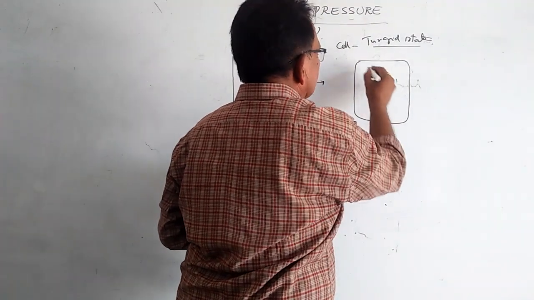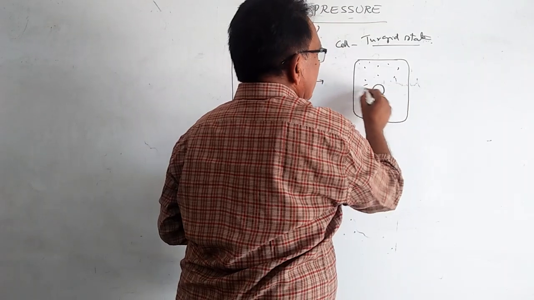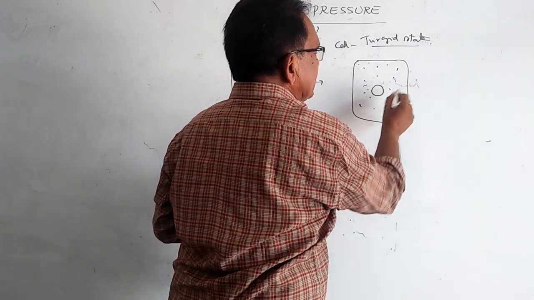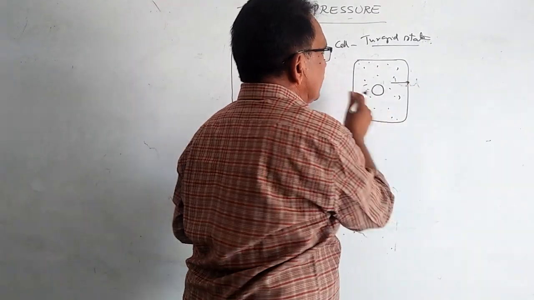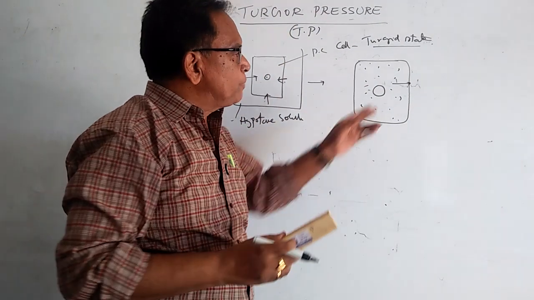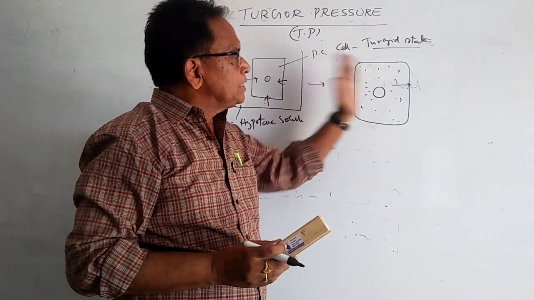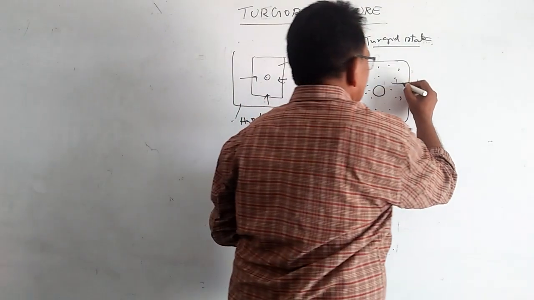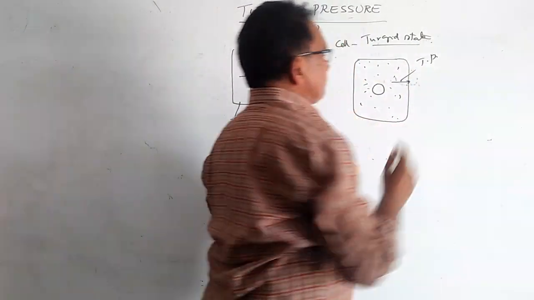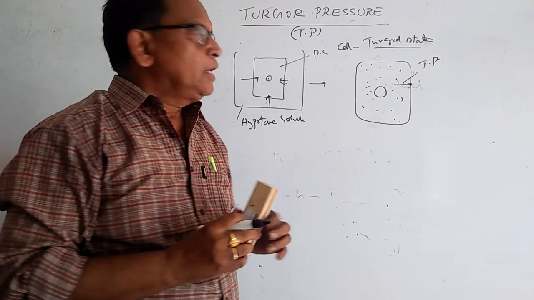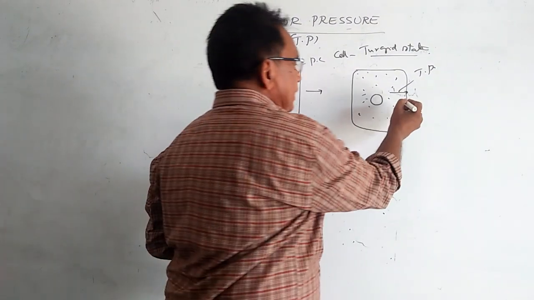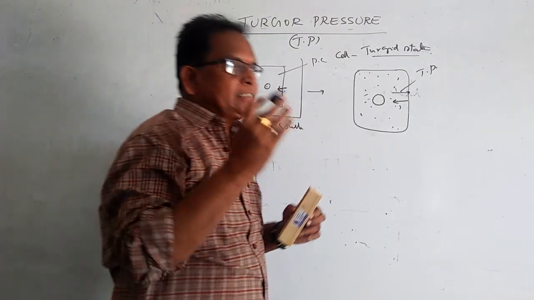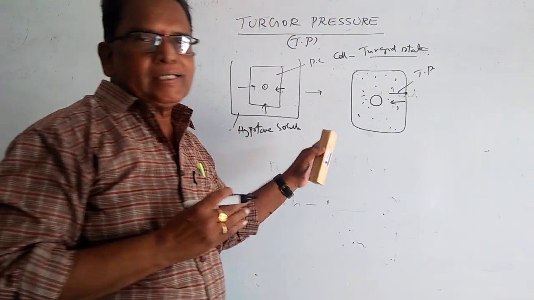This is the nucleus. We can observe that a type of pressure is created by the cytoplasm on the cell wall, towards the cell wall, and this pressure is known as turgor pressure. At the same time, an equal and opposite pressure is created by the cell wall from outside to inside.